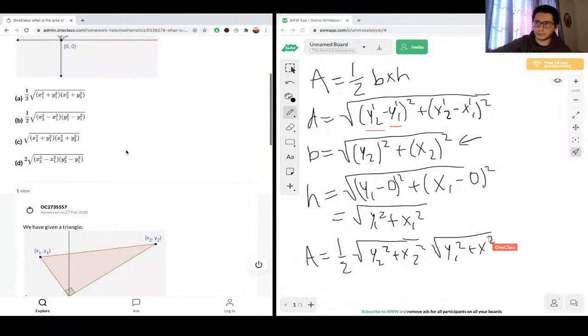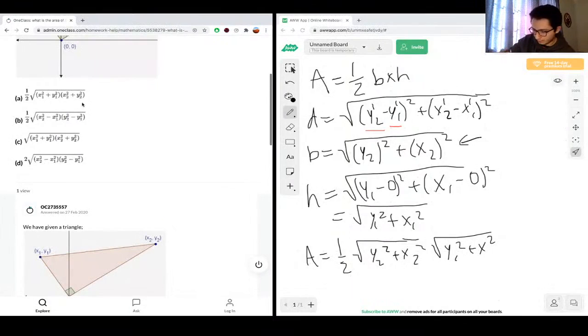So from the solutions, the only ones that have a half in the beginning are 1 or 2. And we know it's not the negative values, so it's positive values. And they put it all under one square bracket. You can do the same thing here in my solution. Just make sure to add the brackets between each component.